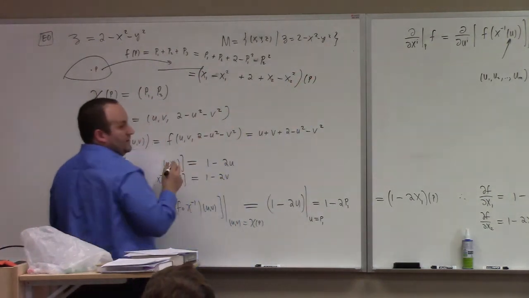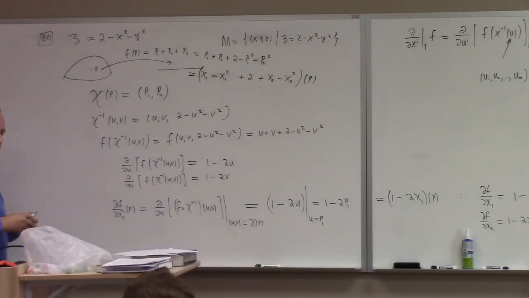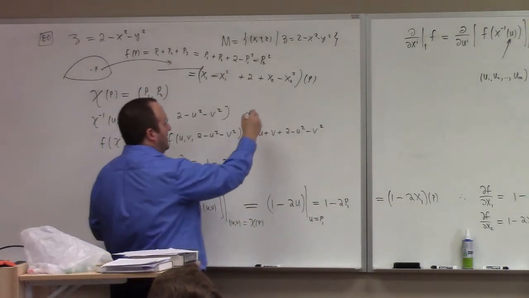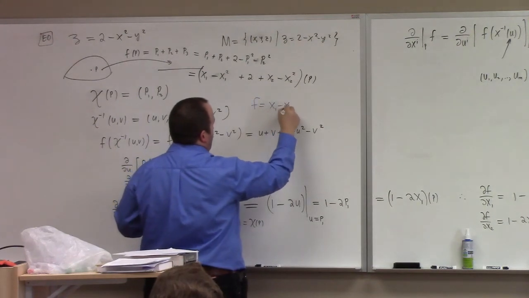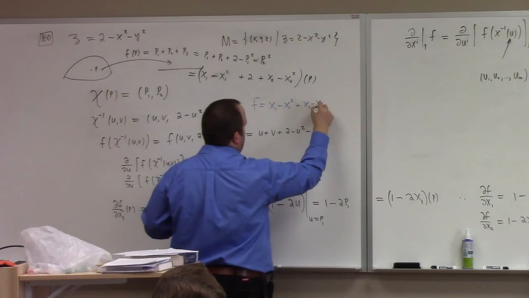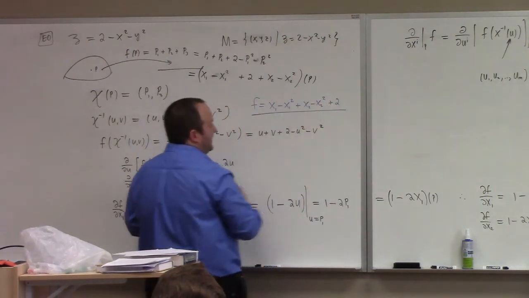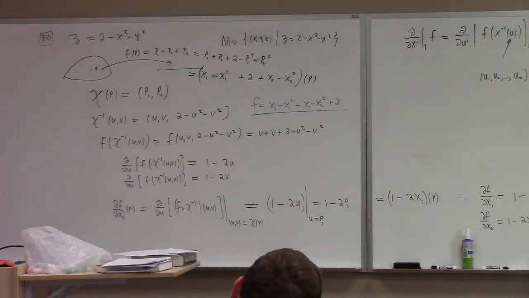So f is just equal to x1 minus x1 squared plus x2 minus x2 squared plus 2. This is an expression for f explicitly in terms of the coordinate functions on the manifold.